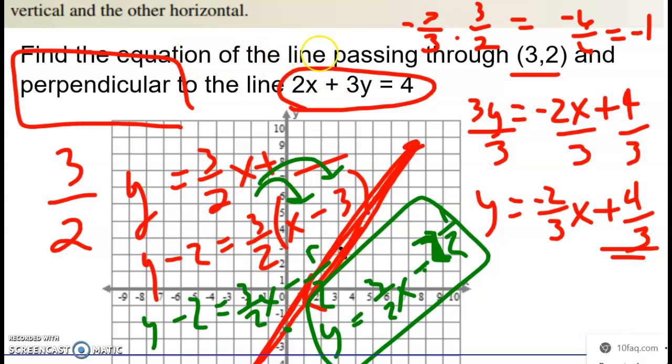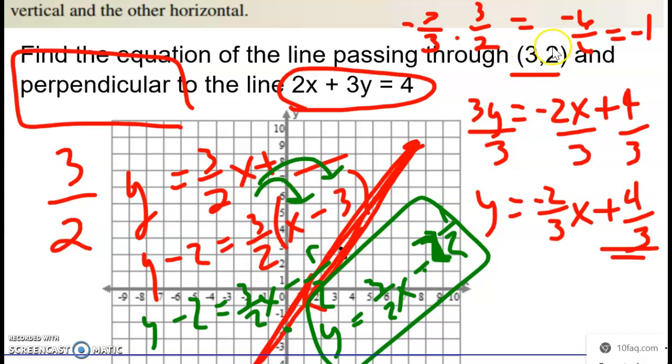All right, so I found the equation of the line that passes through 3, 2, but yet is perpendicular to this line. So I found the slope of this line was -2/3. So the slope of my line is positive 3/2. That gave me y equals 3/2 x plus, I wasn't sure. So I'm going to use point slope form.